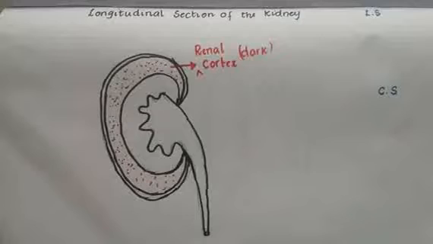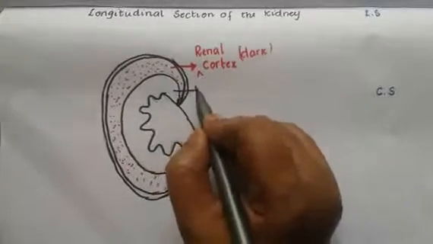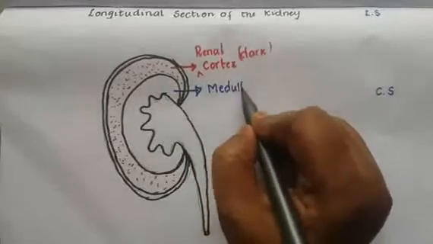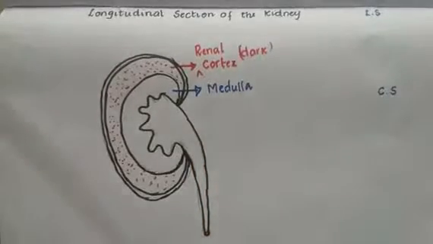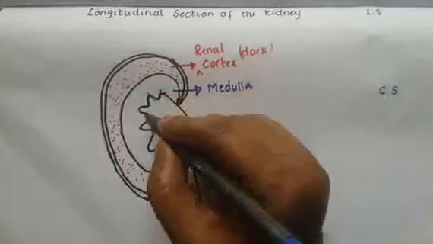Whereas the inner region of the kidney is known as the medulla or renal medulla. The renal medulla has pyramid-like structures.